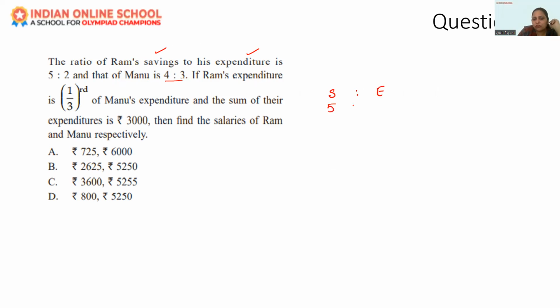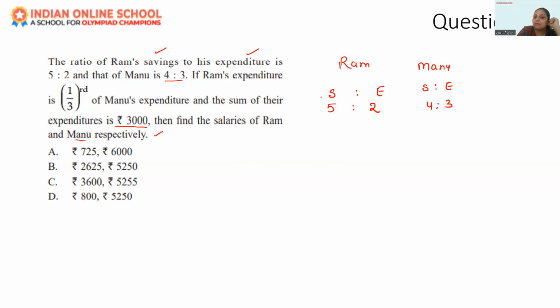Now, if Ram's expenditure is 1/3 of Manu's expenditure, and the sum of their expenditures is rupees 3,000, find the salaries of Ram and Manu respectively.